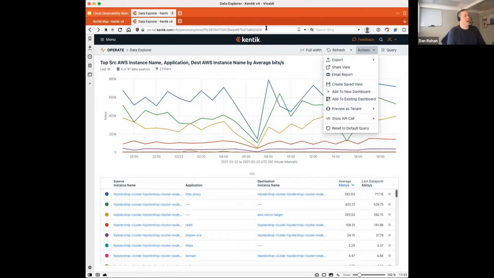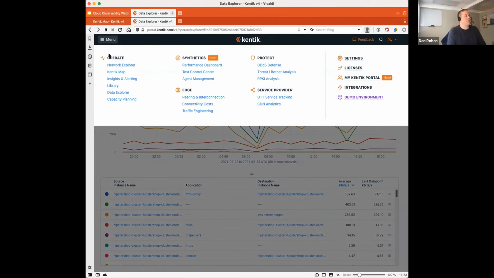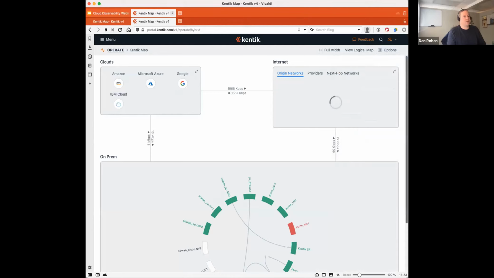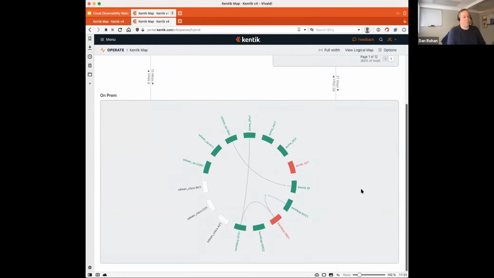And just to cap things off here, if I go back to the Kentik Map here, and let's say that my app team decided that they want to redeploy that app in our on-prem Kubernetes cluster, they can do that as well.